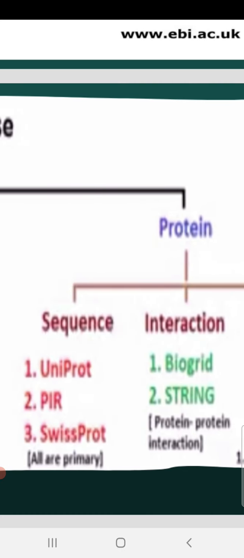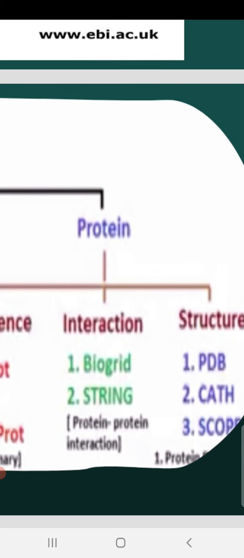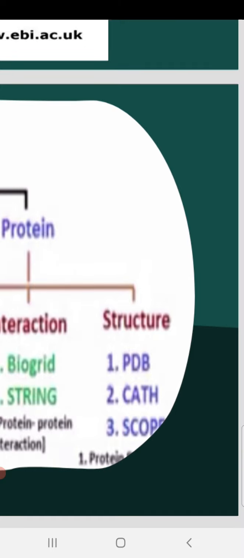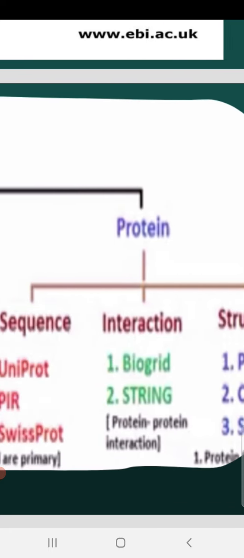So if they are on the basis of sequence, UniProt, PIR and SwissProt, and if they are on the basis of protein interaction, BioGrid, STRING. And if they are based on protein structure, then PDB, CATH and SCOP. So these are based on protein structure.